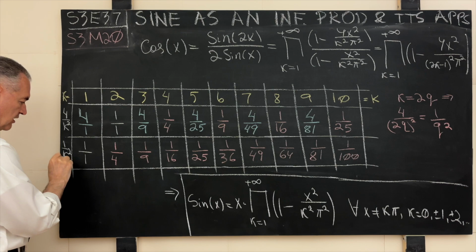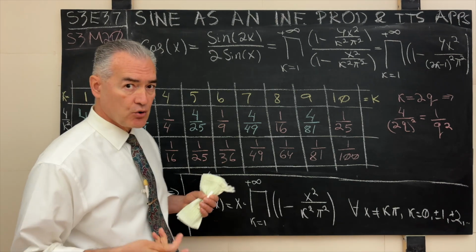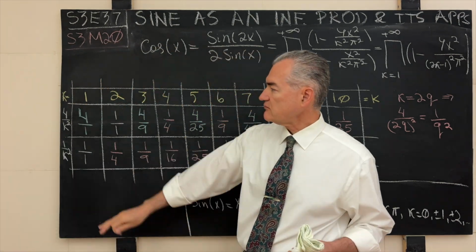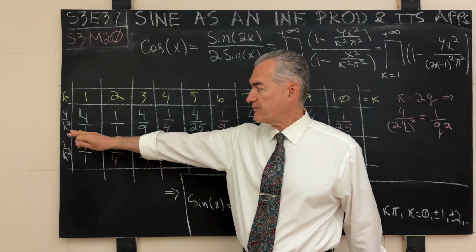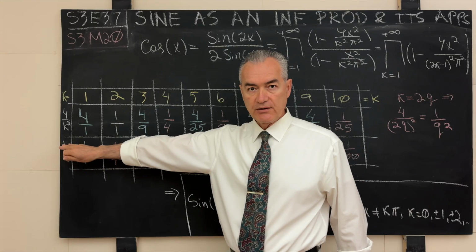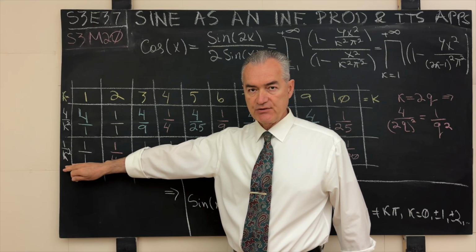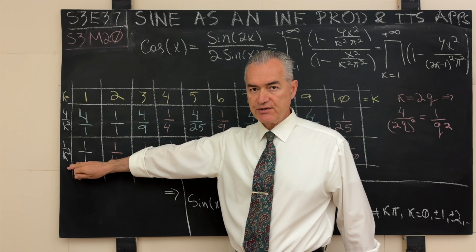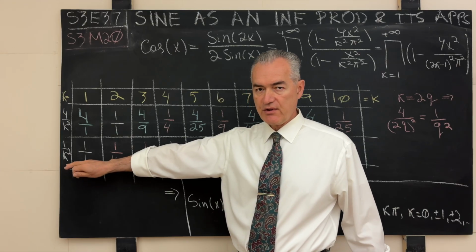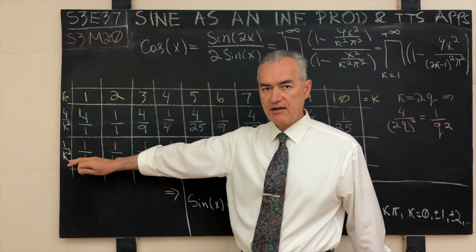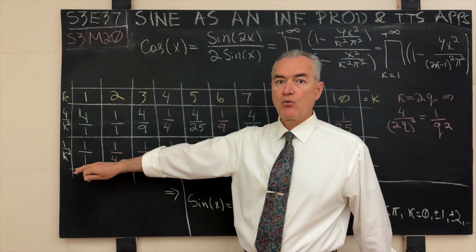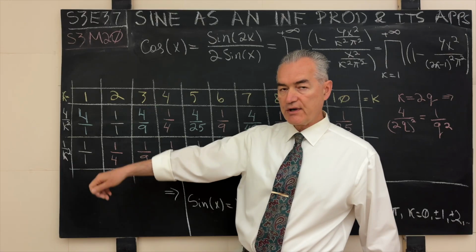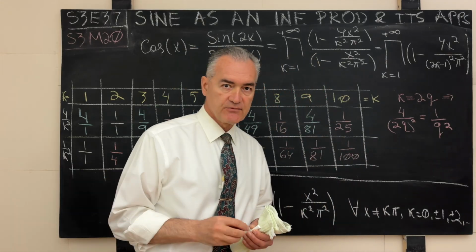The top row is 4 divided by k squared, and the bottom row is 1 divided by k squared. We simply roll through this material, and without thinking too much about it, simply write down the ratios that we obtain as we vary k from 1 to 2 to 3 to 4 and so on. And this is the result that we obtain.